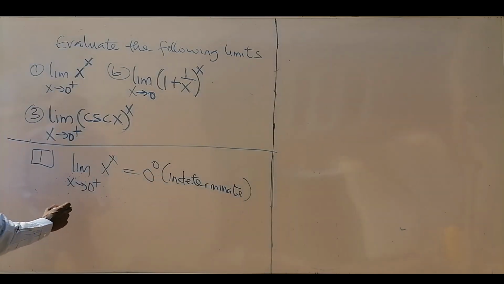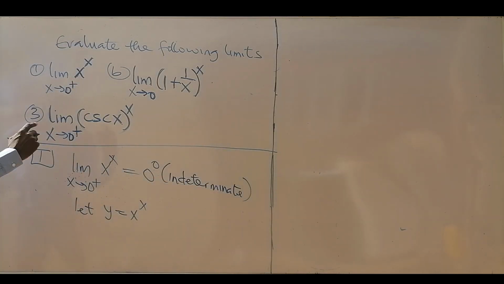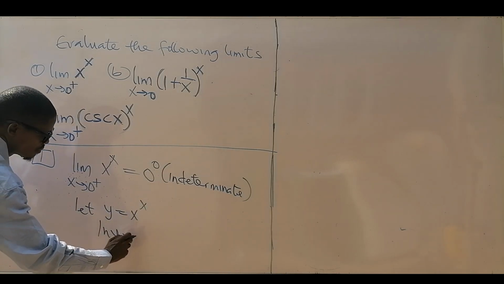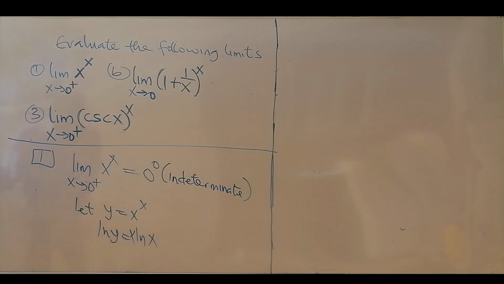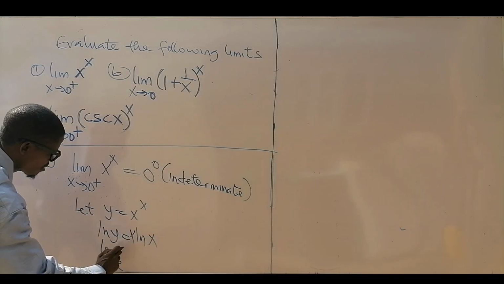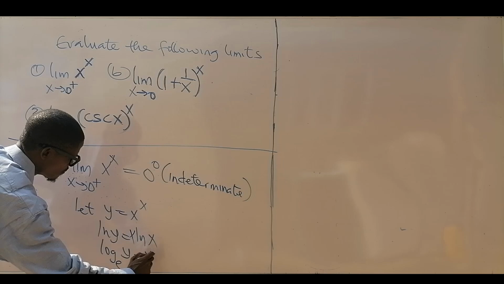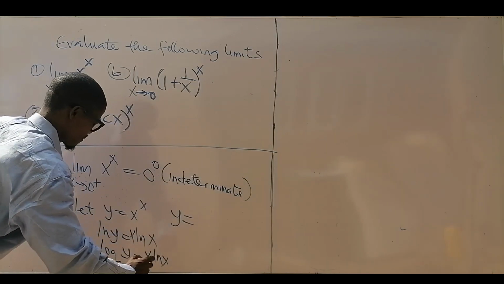So what I'm going to do now is let y be equal to this. Take ln of both sides. If you do that, the power will come down here. Then this ln is logarithm to base e of this. So y is equal to e.